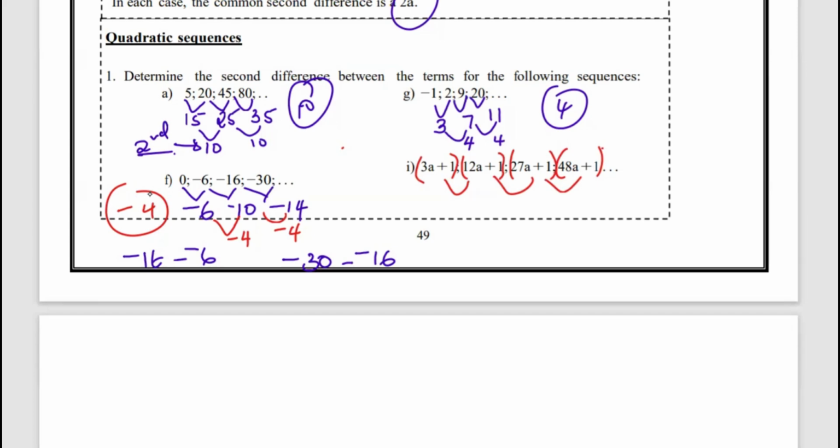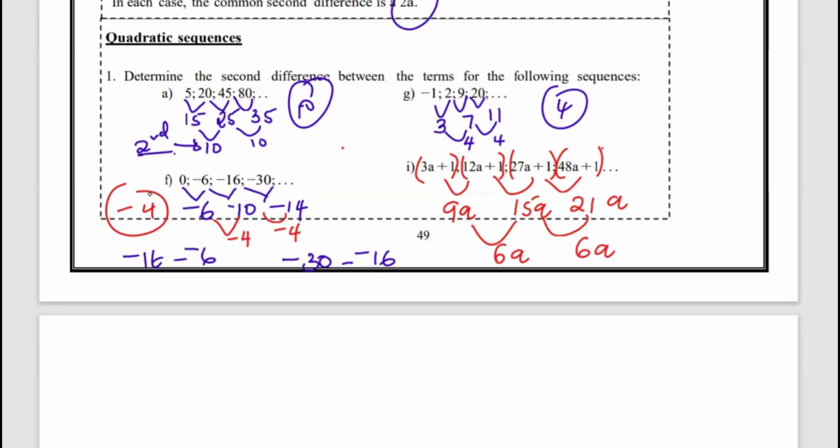So 12 minus 3, that's going to be 9a. The ones will cancel. Then 27 minus 12, that's going to be 15a. And then 48 minus 27, that's going to give me a 21a. Then our second difference is going to be just 6a, because 15 minus 9 gives us the 6.